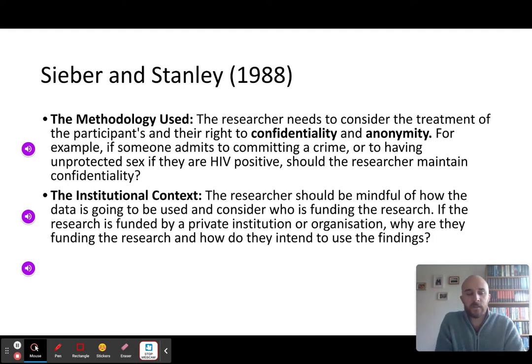Imagine a piece of research finds that smoking is not harmful for people, and that smoking's effect on lung cancer has been grossly over-exaggerated. Sieber and Stanley say that the reason you need to take into account the institutional context is you need to understand who is funding that. Is there a chance that the research is biased towards who is funding it?